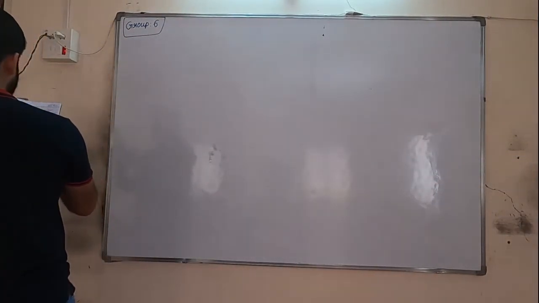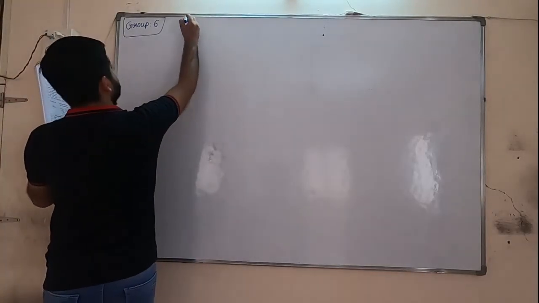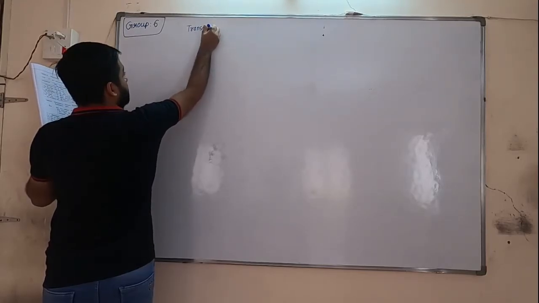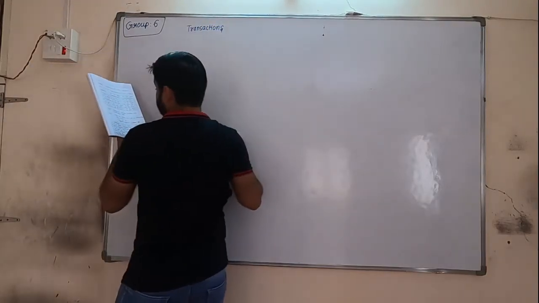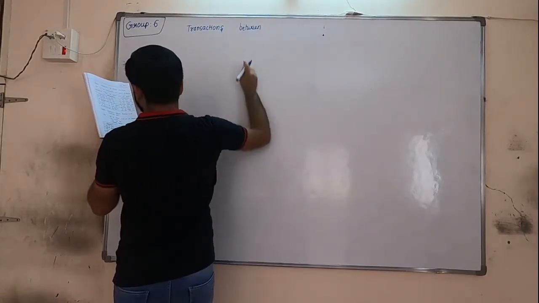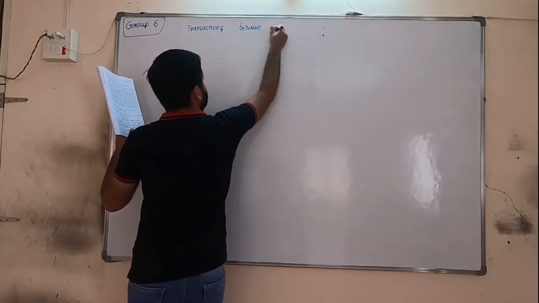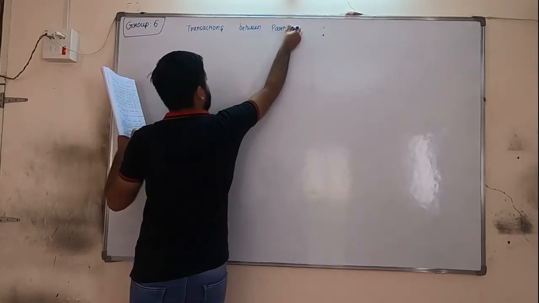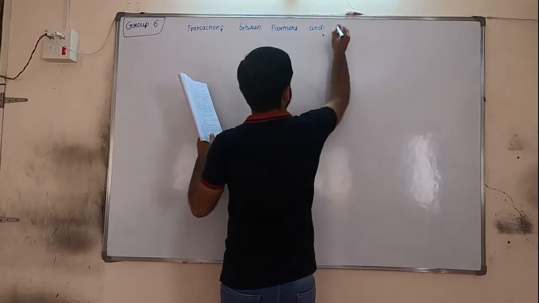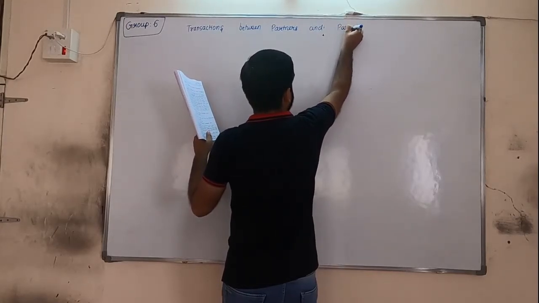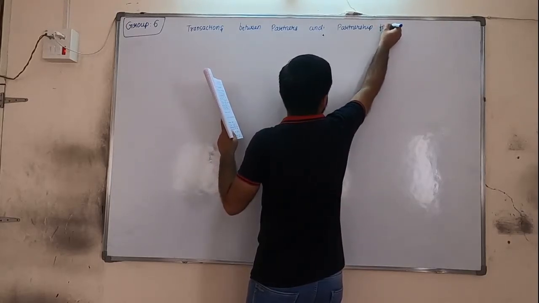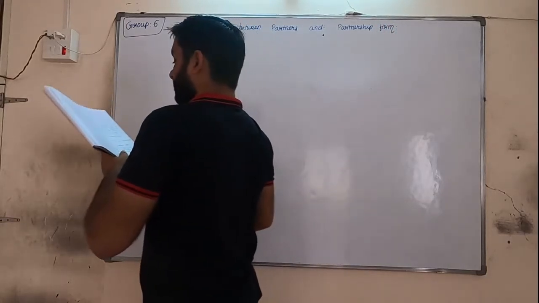Now group 6 is about transactions between partners and partnership firms.